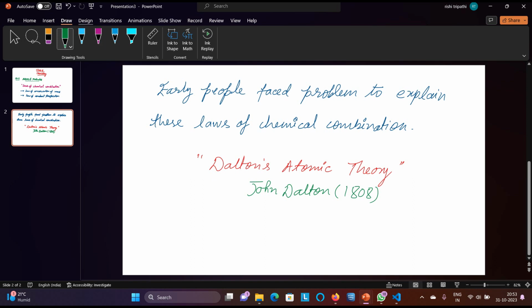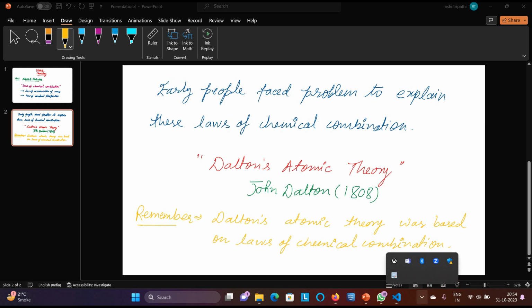So you will remember that Dalton's atomic theory was based on the laws of chemical combination. Early people faced problem to explain these laws, and the theory which explained the laws of chemical combination was Dalton's atomic theory.